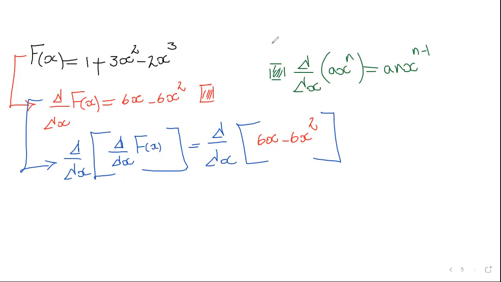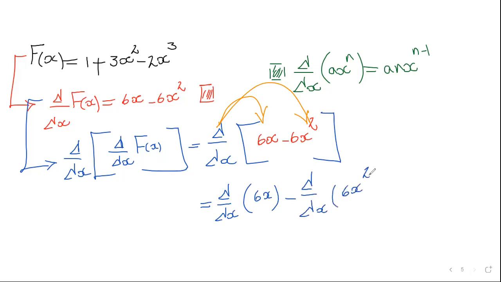Then I'm going to act this operator like a hammer on each term, again using the same power rule, which gives you d over dx of 6x minus d over dx of 6x squared. I use the power rule, and I notice that between these two power functions I have the minus sign. Then eventually things become absolutely easy. The derivative of 6x becomes 6, still using the power rule, minus the derivative of 6x squared, which becomes minus 12x.